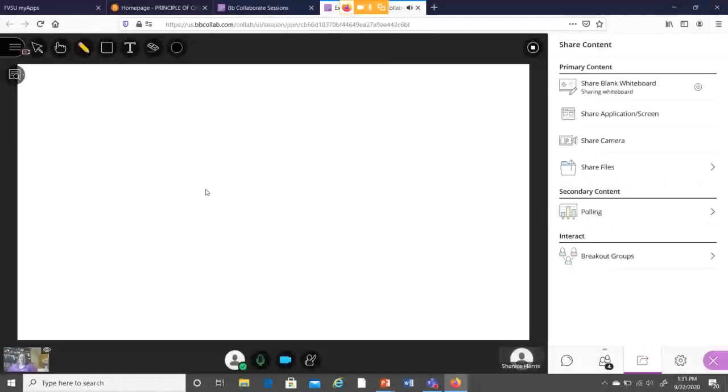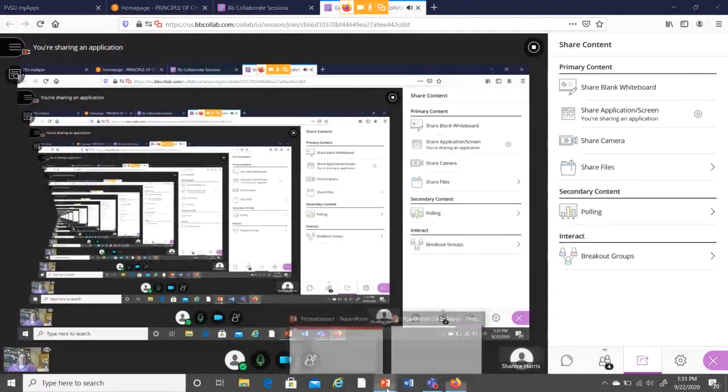Okay, so go back to share application screen, entire screen, allow. Okay, there we go. Okay, so this problem was talking about, I'll find a place for everything in a minute.